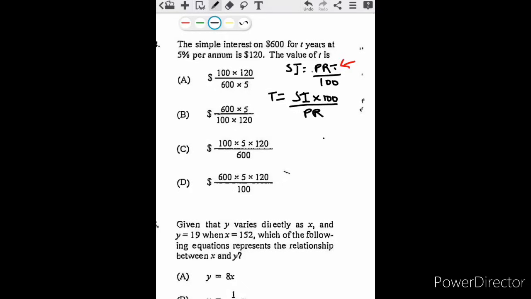So we have T now is equal to SI is 120 multiplied by our 100, divided by PR. So P would be 600, multiplied by the rate, which is 5%. And that answer would be A. Next question.